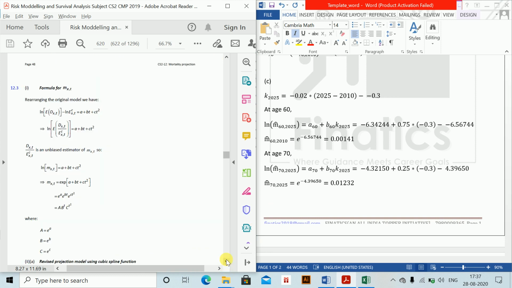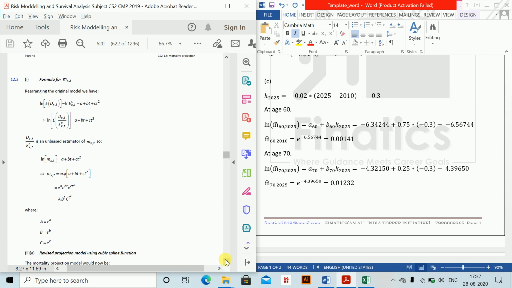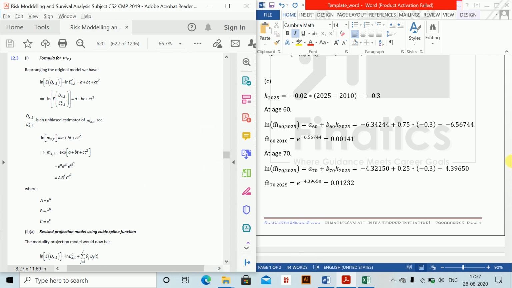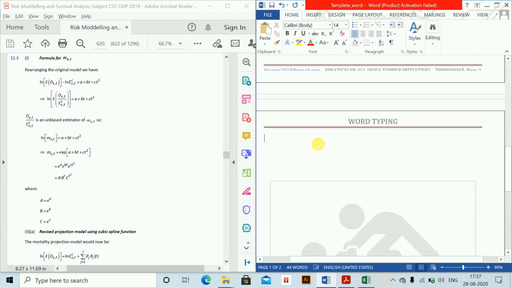Next, question 12.3, which is just writing the formula. This is a derivation which is most unlikely to come, because they have said direct questions may not come, or if they come, they'll come as MCQs for selection. Mostly they have said they'll avoid direct questions.